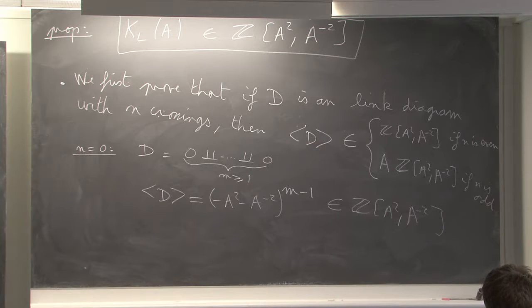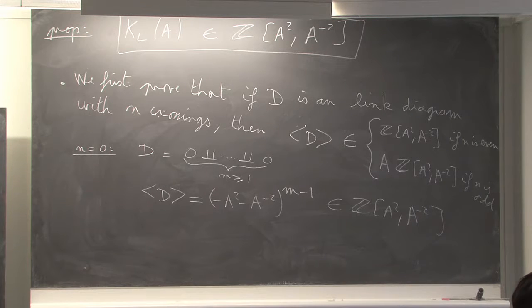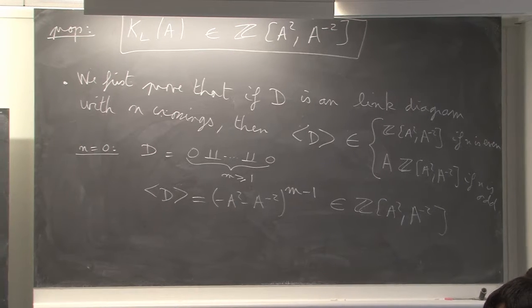So, what are the possibilities when there is one crossing? Up to isotopy, what are the link diagrams with one crossing?